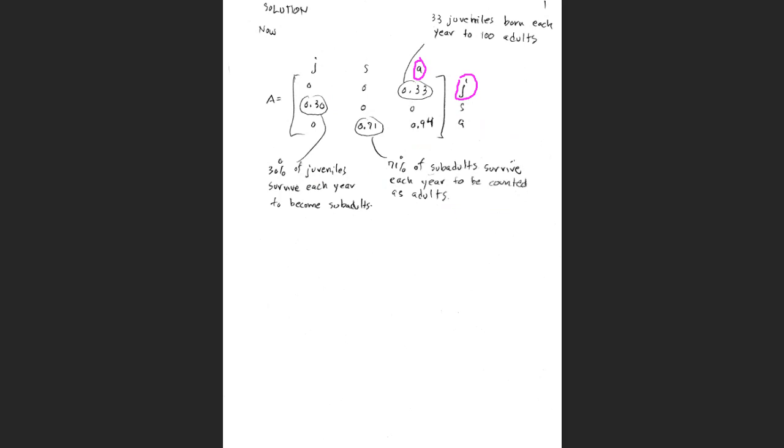The adult owls have the children. So this 0.33 means that for every 100 adults, 33 juveniles are born. So juveniles can come from adults through the birth process.